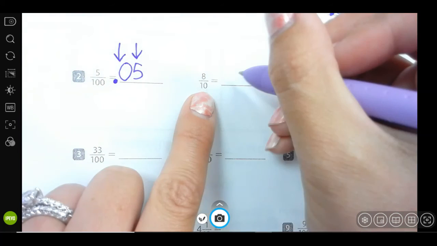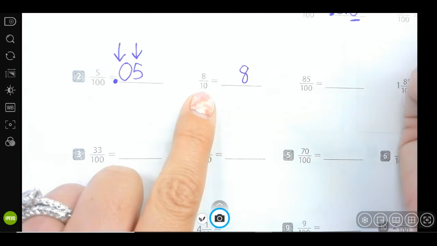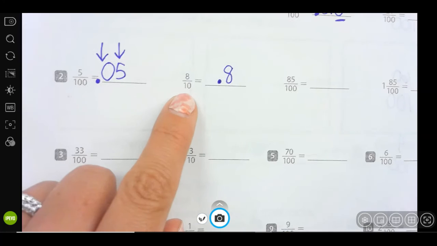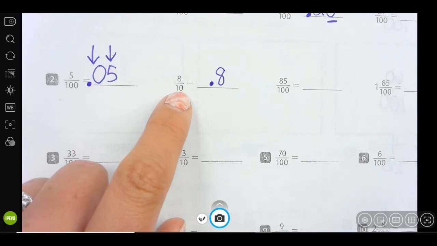Okay, hold on. We have 8 tenths. So the 8 needs to be in the tenths place value. Is the 8 in the tenths place value? Yes.